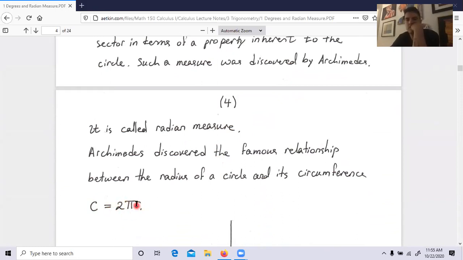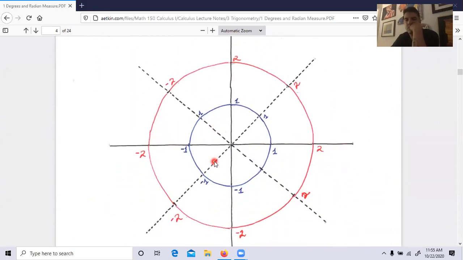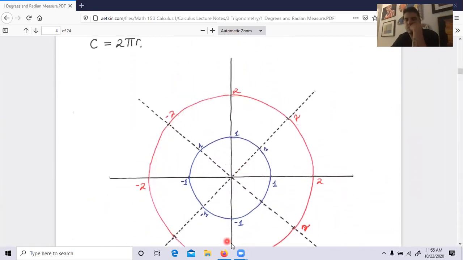Or better said, if I take a radius and I fold it around the circumference, I will always find that I can fit 2 pi copies, which is slightly over 6, you understand? If you simplify, pi is 3, 2 times pi is 6. So essentially you can fit a little over 6 copies of the radius folded around the crust of your pie.